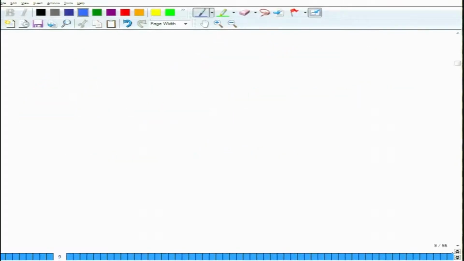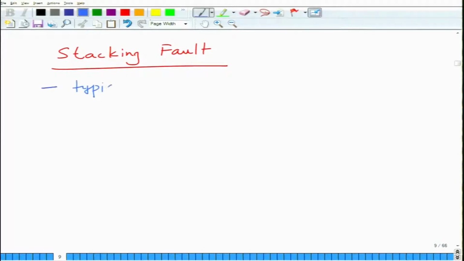Now, the second thing is called a stacking fault. Stacking fault is something which is typically observed in close packed crystals, such as nickel and copper.